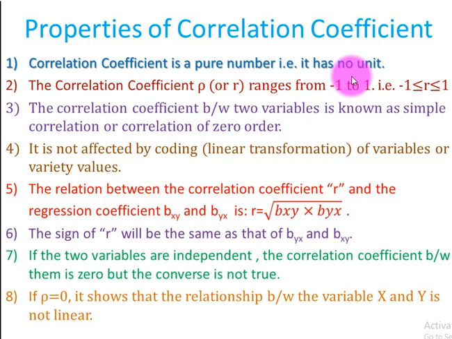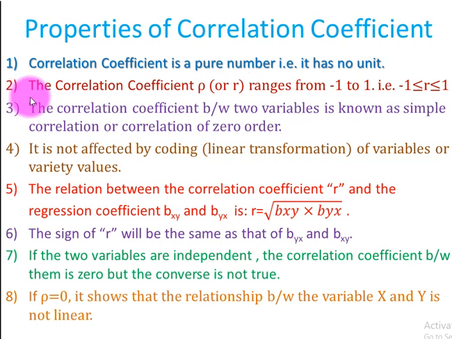It means that it is not in any unit, that is kilogram, liters, milligram, or any unit we are using in real life for some things. So it is not in units, it should be a pure number, that is 1, minus 1, plus 1, 0.23 and so on. Okay, so it is the first property of the correlation coefficient.